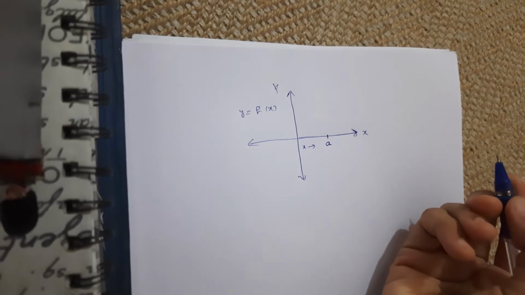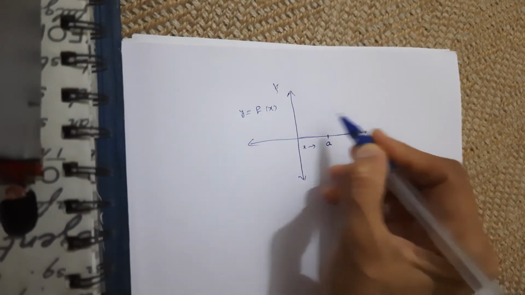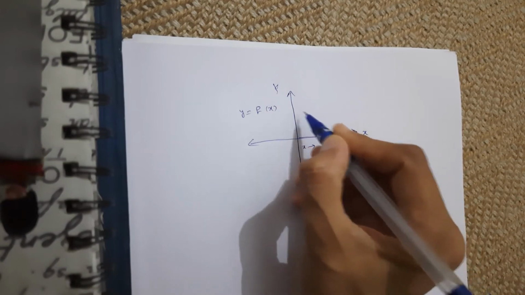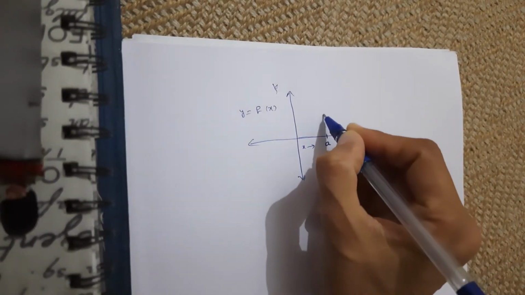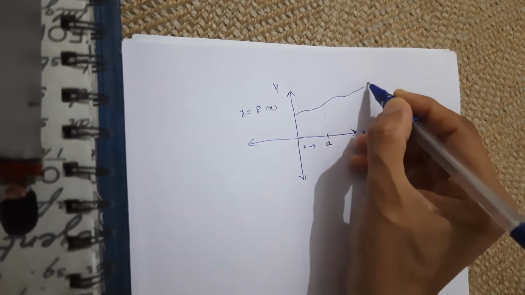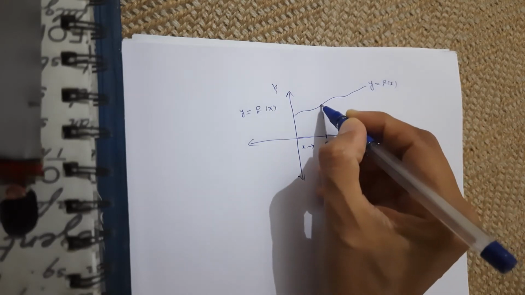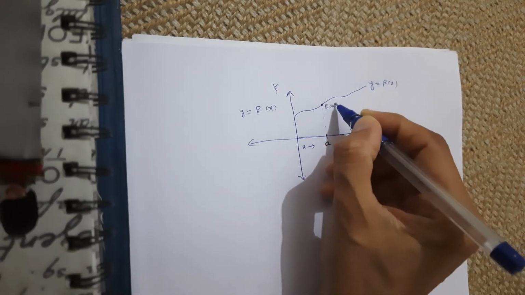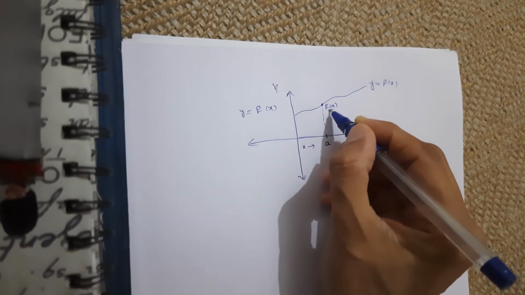Somewhere the value of f of x and f of A is there. So exactly f of A should be here. Suppose this is the curve y equals f of x. So exactly this is the value of f of A, right? At x equal to A, f of x equals f of A.